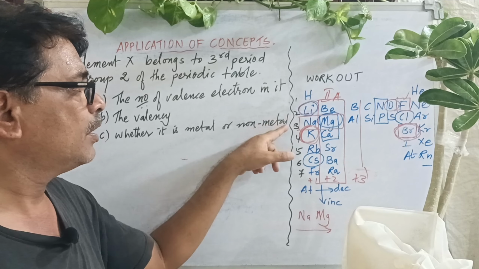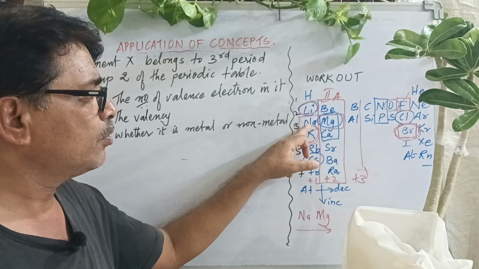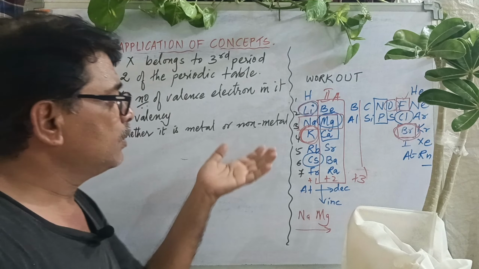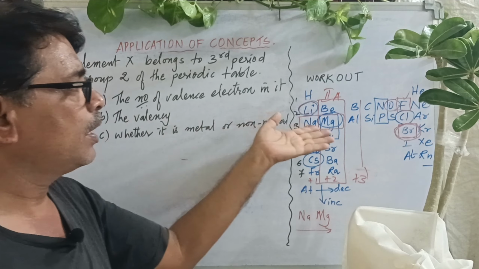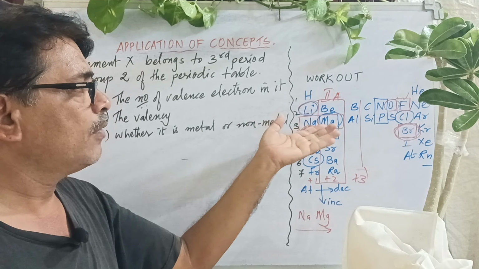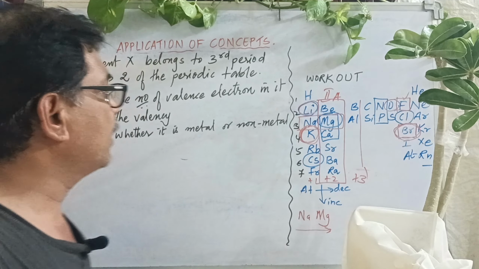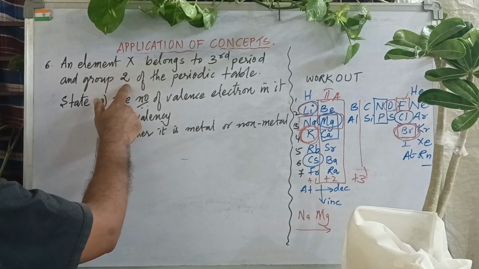Till argon, they are third period elements. It starts with sodium and ends with argon. So which element is it? It can be sodium, magnesium, aluminum, silicon, phosphorus, and so on. But clearly he said that it is a second group element.